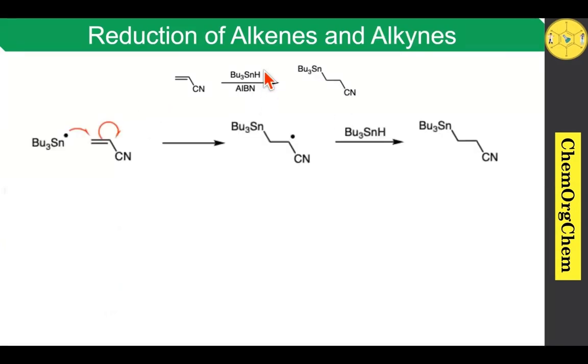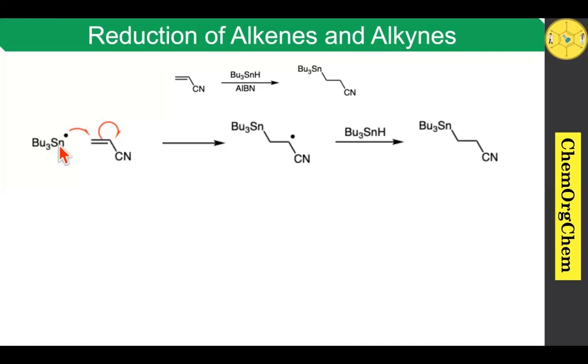Initially, tributyltin hydride and AIBN produce the tributyltin radical. If you are not sure how to generate this tributyltin radical, don't worry, just watch our part 1 video, and you will understand better how to generate the tributyltin radical from tributyltin hydride and AIBN.